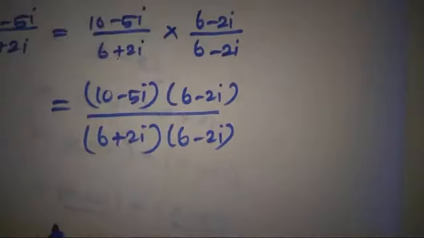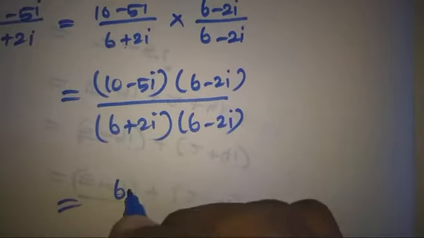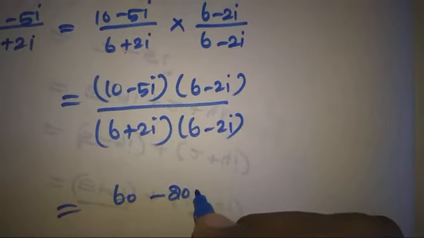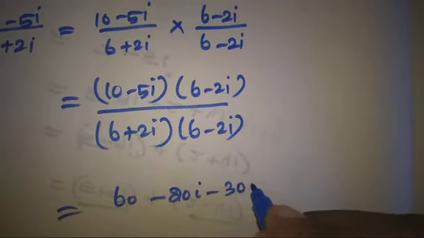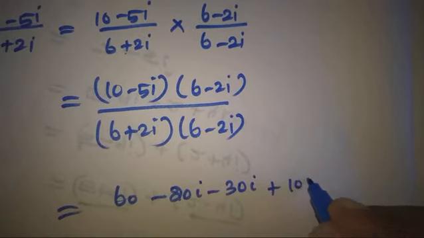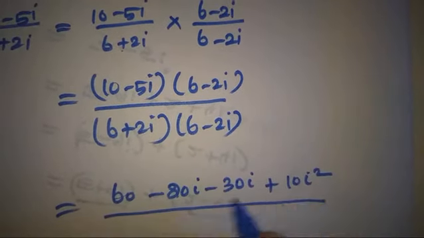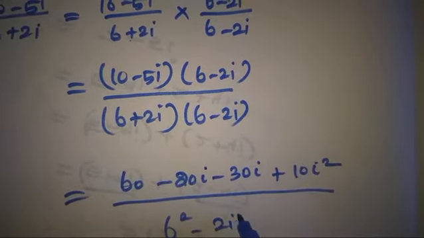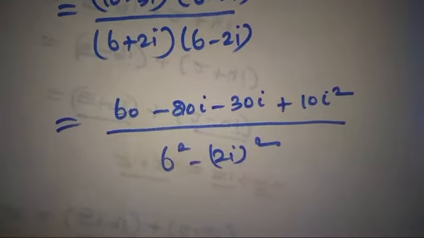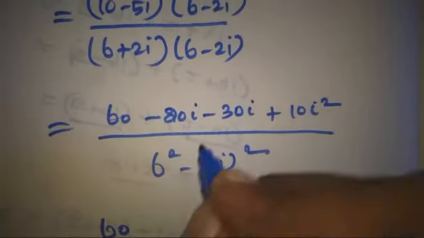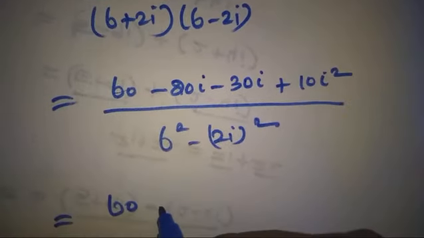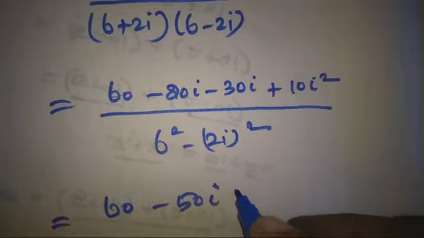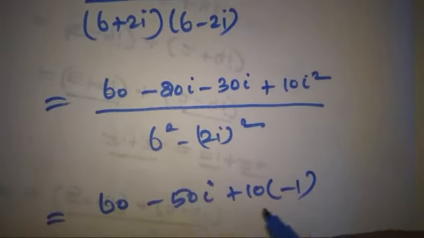So just multiply. 6 into 10 is 60, minus 20i minus 30i plus 10i square, by, you mean the formula, 6 square minus 2i square. Correct? Yes. So 60 minus 20i minus 30i plus 10 into i square, value minus 1.